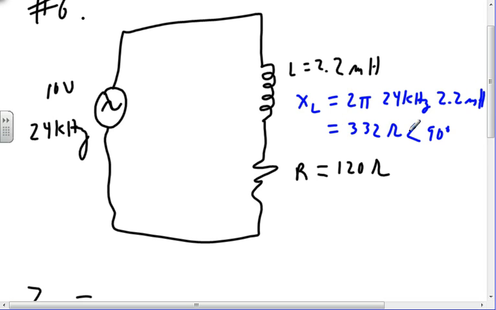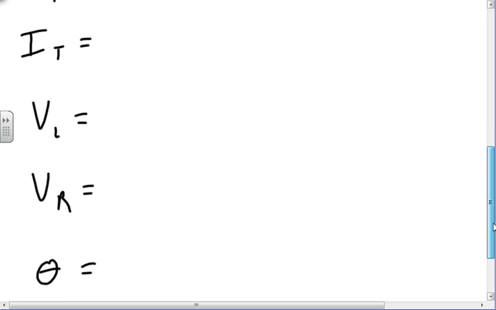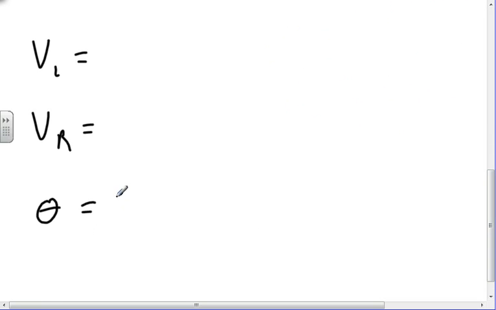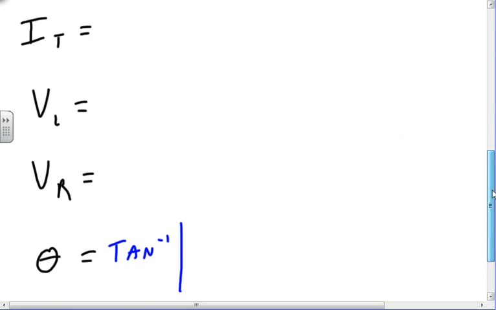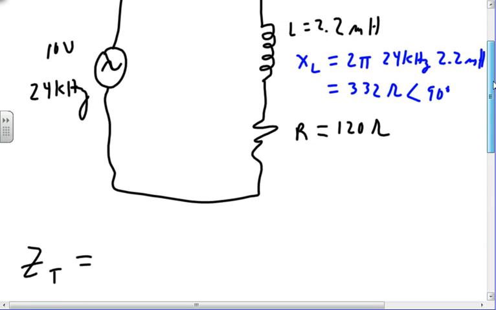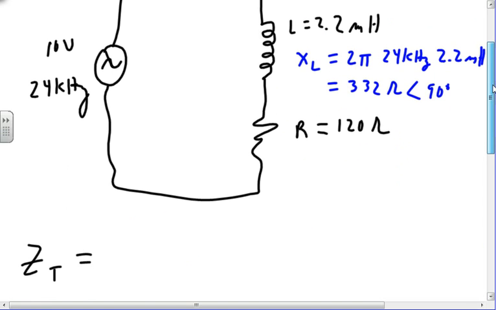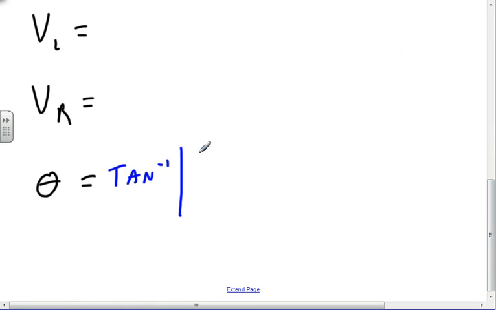Alright, so of all the things that we can calculate, which one do you want to calculate first? The arc tangent, absolute value, not that anything's negative, of X sub L, 332, divided by the resistance, 120.